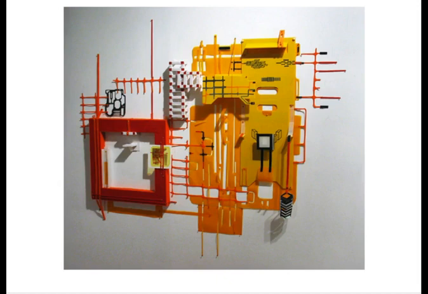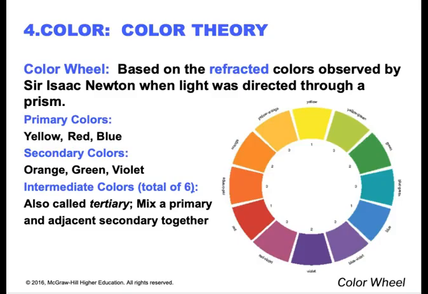Because it's using warm colors, we usually associate specific feelings with warm colors. I'm going to go back to the color wheel real quick as we talk about warm and cool, because it's important to understand that the color wheel actually divides right in half.